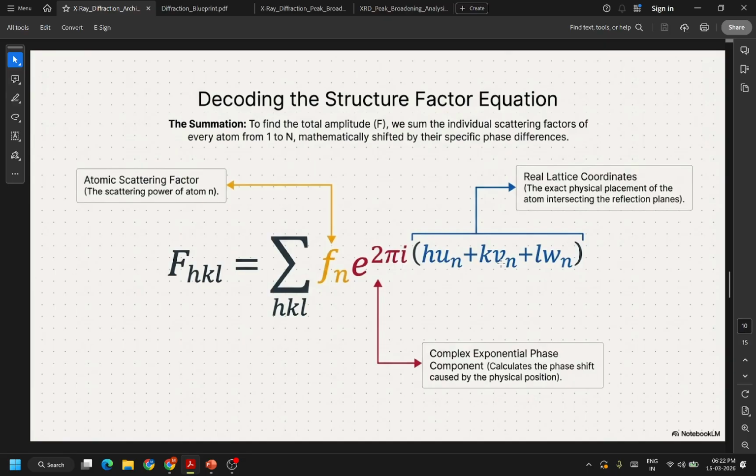To find the total, we sum the individual scattering factors of every atom from 1 to n by mathematically shifting to their specific phase differences.